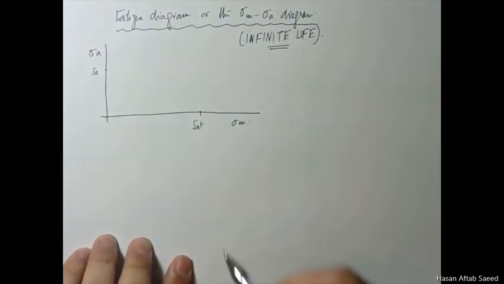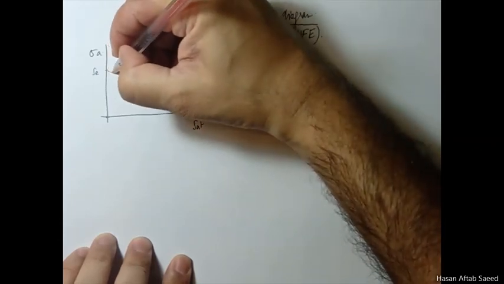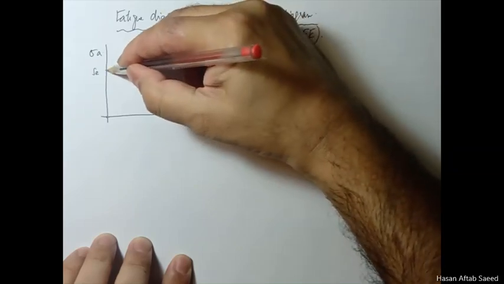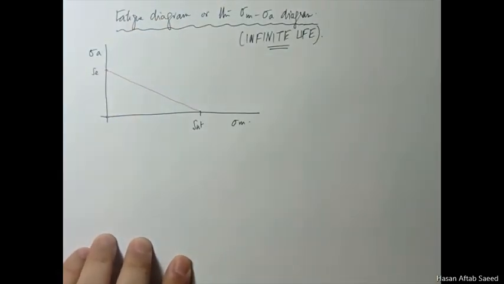I'll explain this in detail. I'll just use two colors because I have at least two criteria here. If we connect these two lines, then this is the envelope.